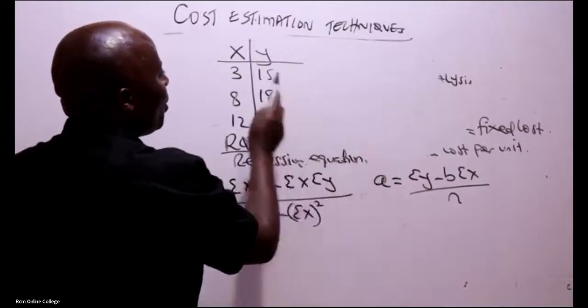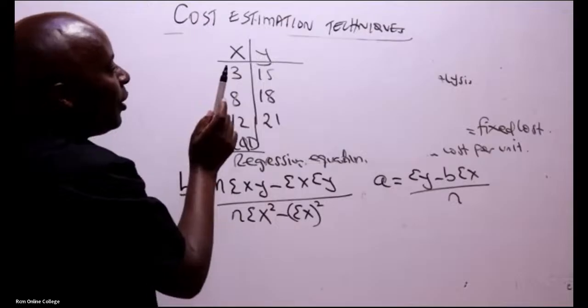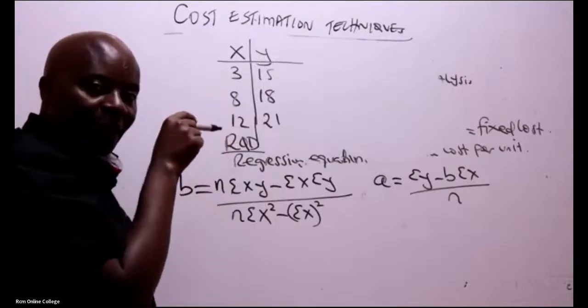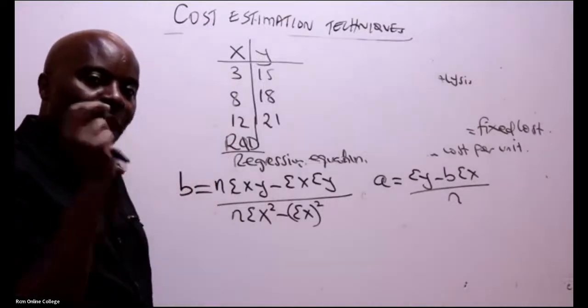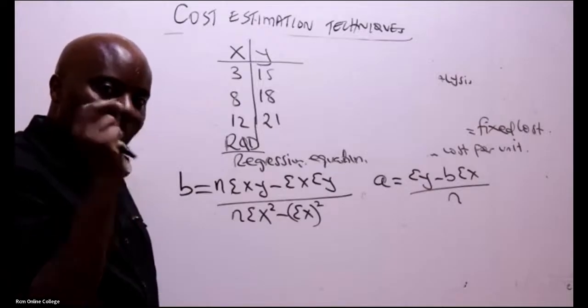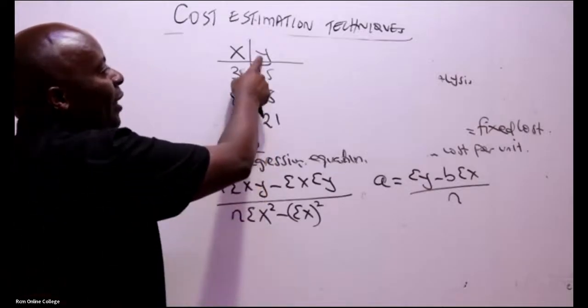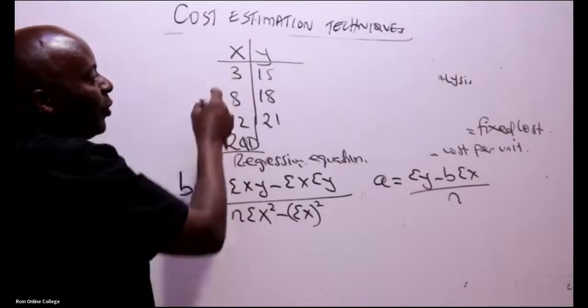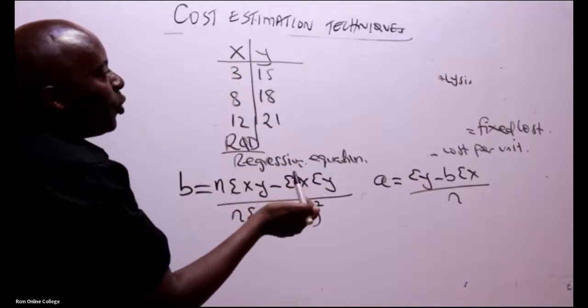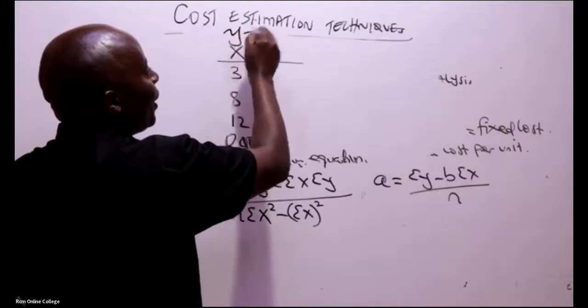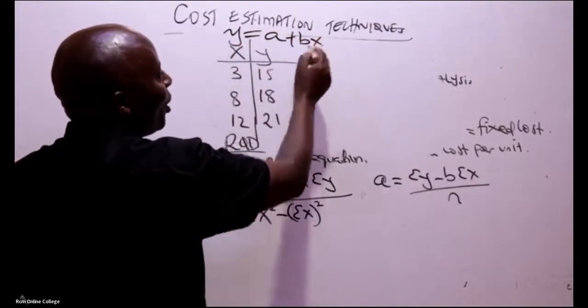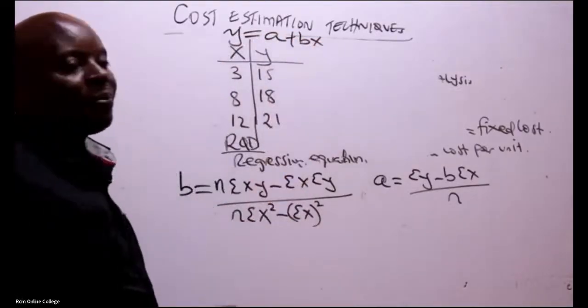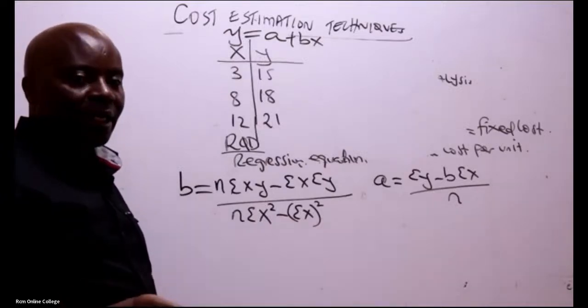You can see here we only have one predictor variable. So this is univariate. Remember, we've got two types of variables. We have the dependent variable, which is y, and the independent variable, which is x. So here we can only come up with this kind of equation, y equals a plus bx.